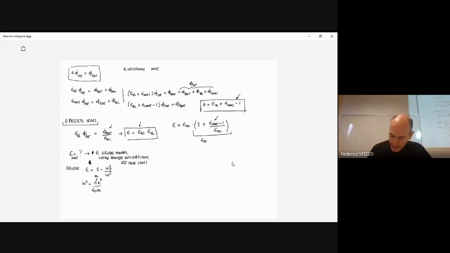So long-range oscillations means small values of k. So the center of the Brillouin zone. The central part of the Brillouin zone can be well described by this approach.